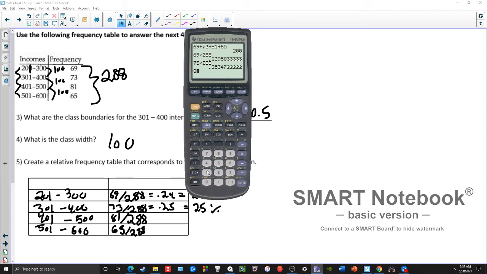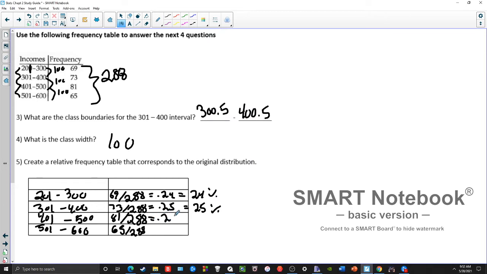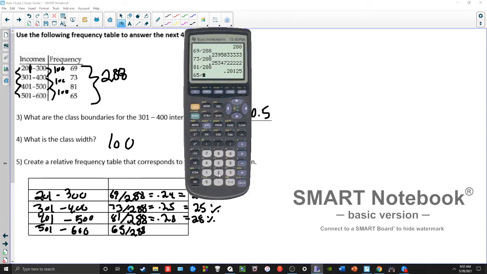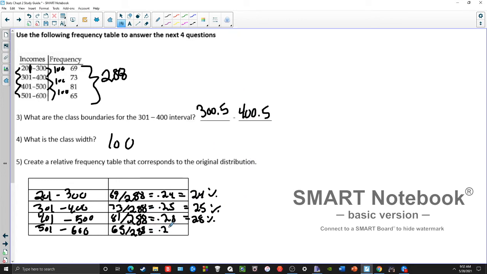Here we have 81 divided by 288. We get about 28%. And lastly, we have 65 divided by 288. We get about 22.5, which rounds up, so we'll make it 23%. So 23% is our last category.